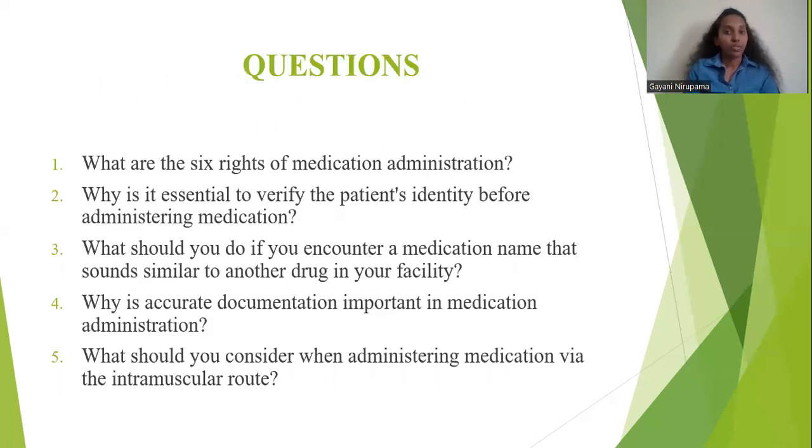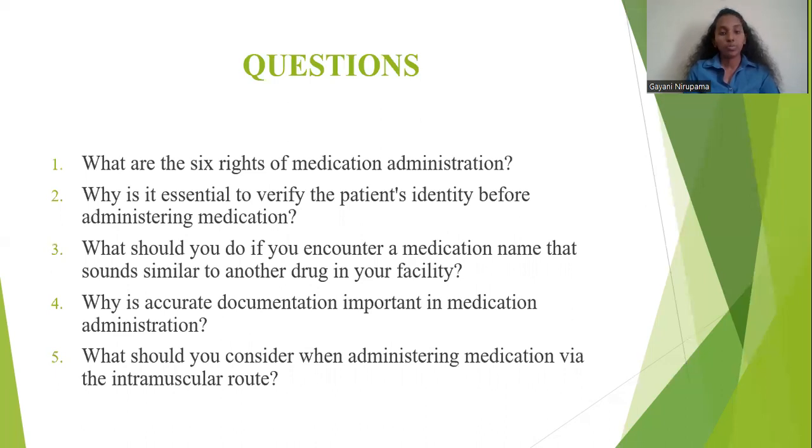Okay, look at the following simple questions. Try to provide answers for them. Question number 1. What are the 6 rights of medication administration? Question number 2. Why is it essential to verify the patient's identity before administering medication? Third one.